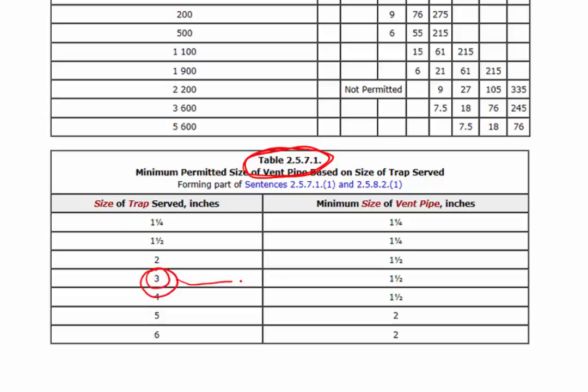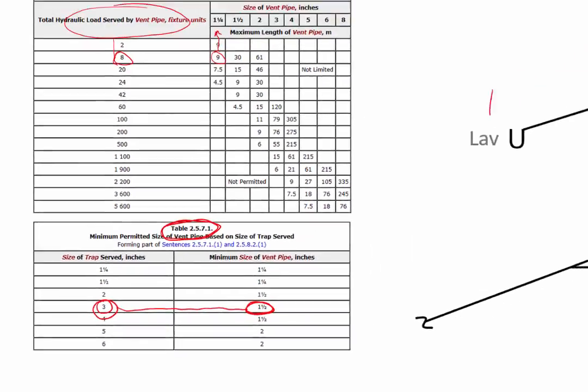And when we have a 3-inch trap being served, the minimum size dry vent cannot be less than 1.5". So we're going to have to make that 1.5" to accommodate table 2571, because 2571 is the minimum table that must be satisfied for all dry vents.